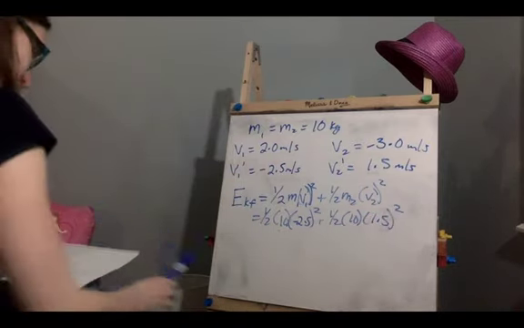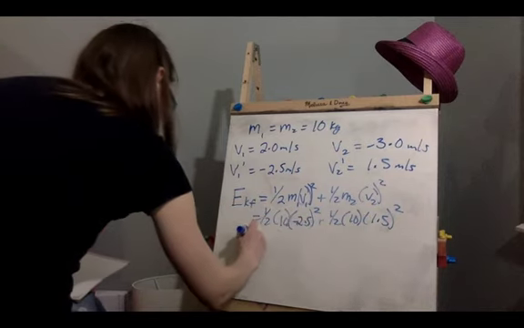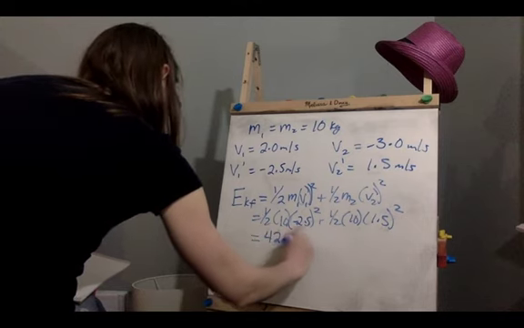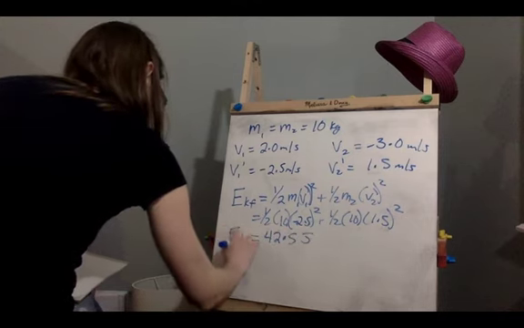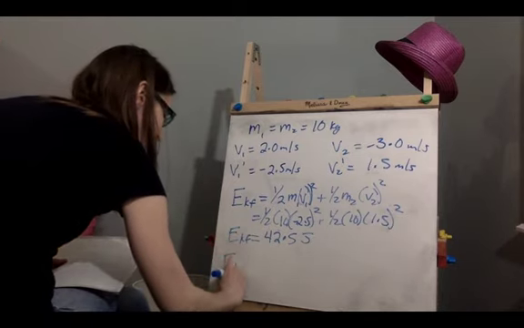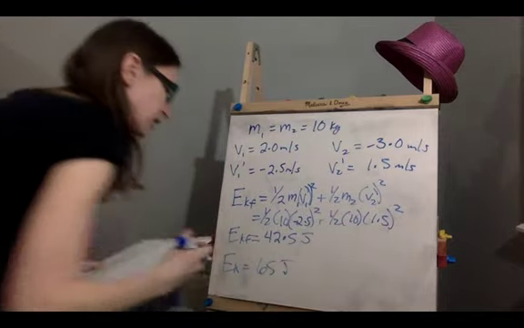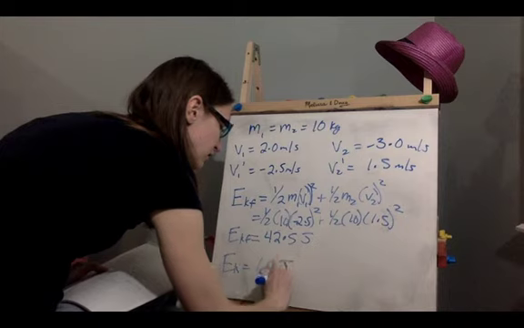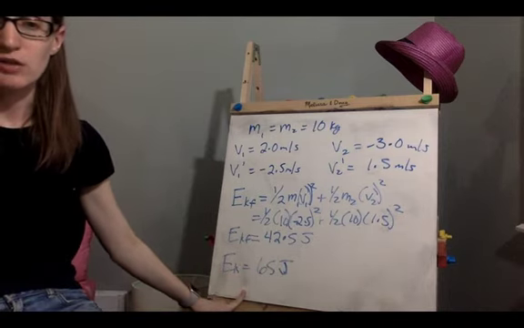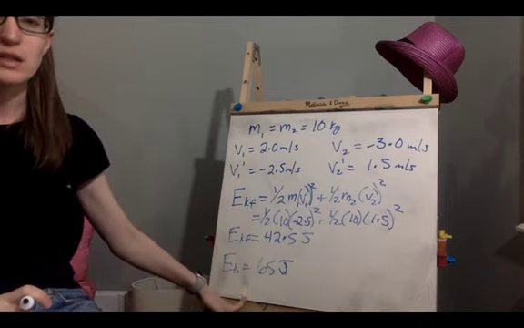And you do that, and you get 31.25 here, 11.25 here, add them up, and you get 42.5 joules as your EKF, right? And again, we're comparing that to our EKI, which was 65 joules, right? That is a significant amount lost in terms of kinetic energy, which means that this particular collision was an inelastic collision.